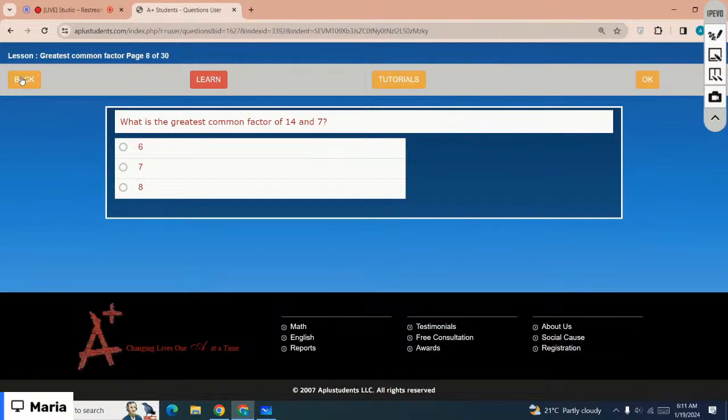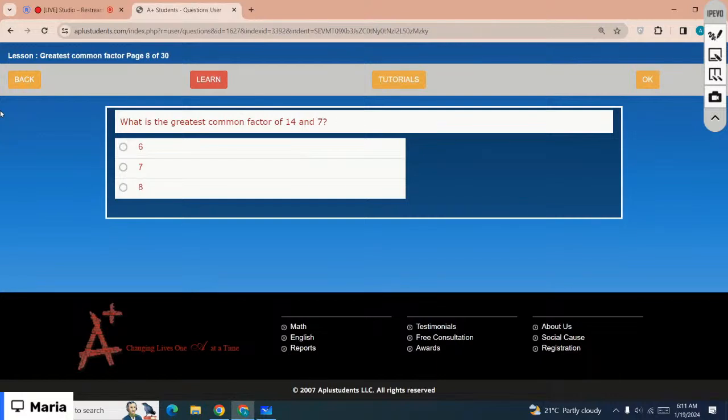What is the greatest common factor of 14 and 7?